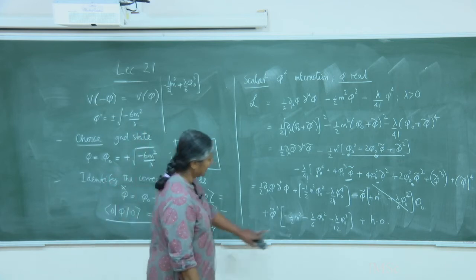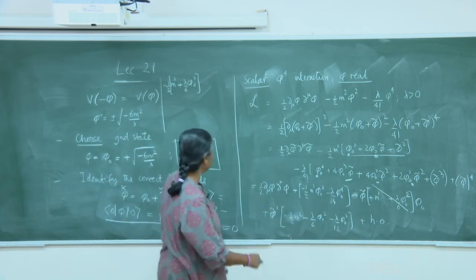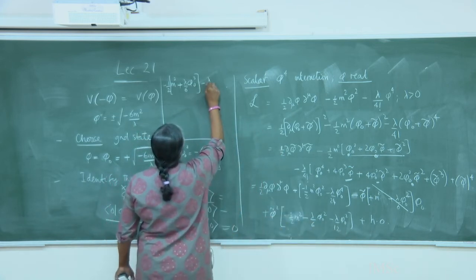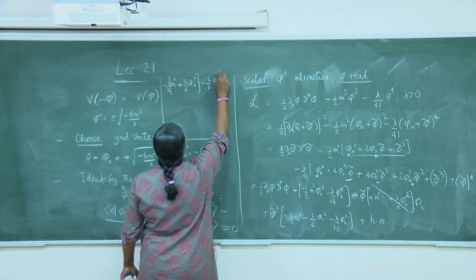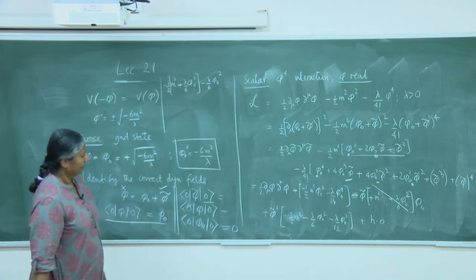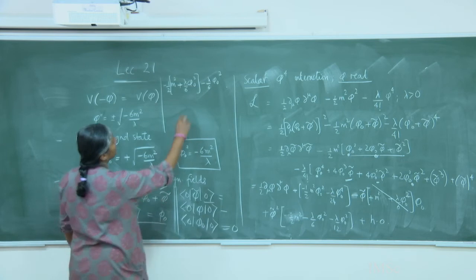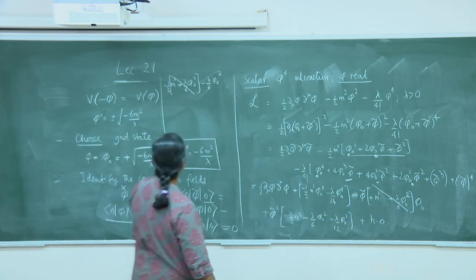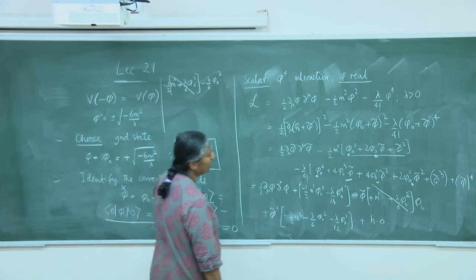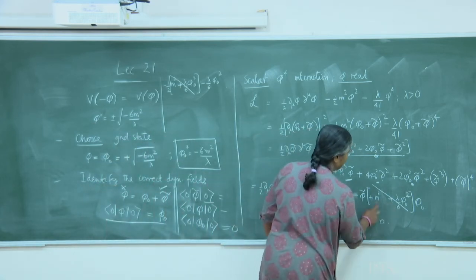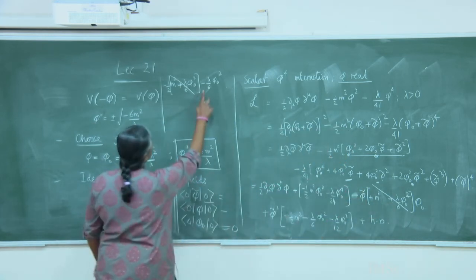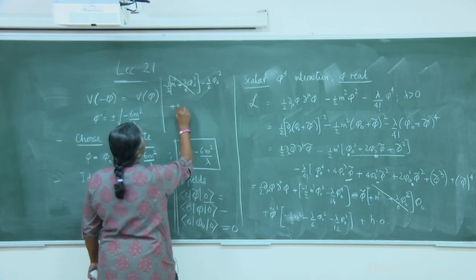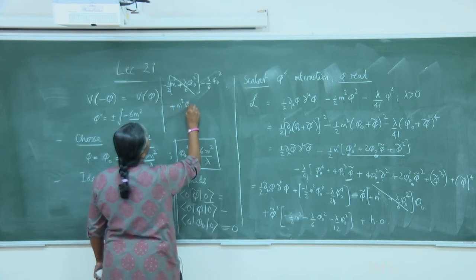So, I have written the first and the last terms, and then I have a minus lambda by 6 phi naught squared. So, you can see that this is also 0, same thing, m squared plus lambda by 6 phi naught squared is 0. So, we know that lambda by 6 phi naught squared is minus m squared. So, this will be minus of minuses plus m squared phi naught squared.